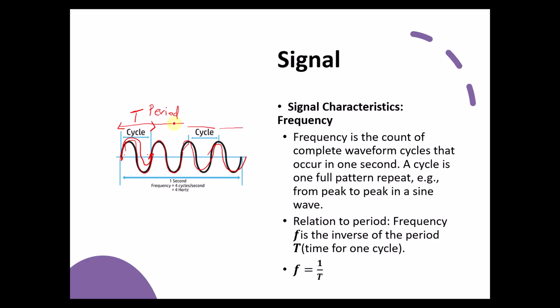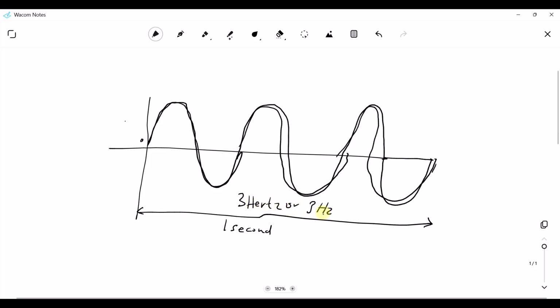And then the relationship between the frequency and the period is that the frequency is inversely proportional to the period. This is the unit of frequency, and this is how we represent it.